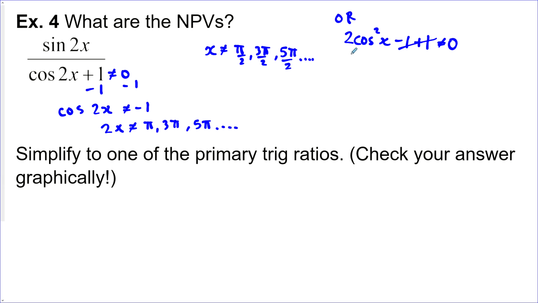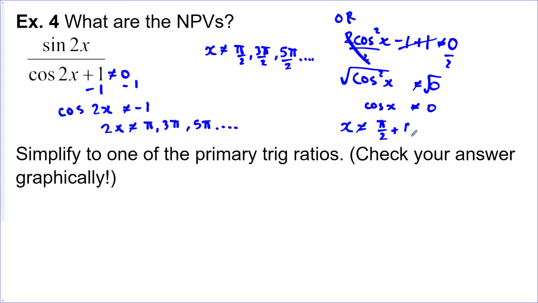We can also divide both sides by 2 here, and that just leaves us with cos squared x cannot equal 0 still. Square root both sides, the square root of 0 is 0, so cos just cannot equal 0. And that's a lot easier to do. That's just the y-axis. So x cannot equal pi over 2 plus pi n, where n is an integer.